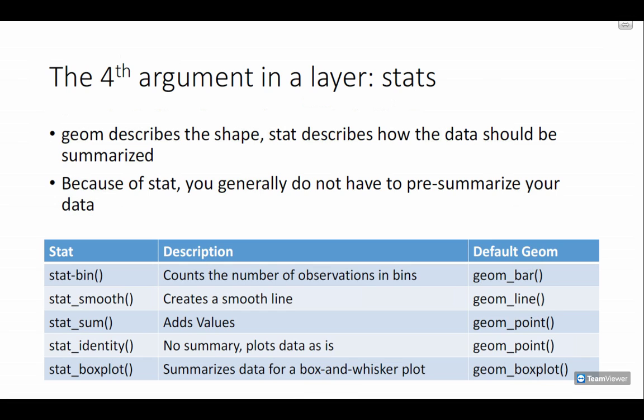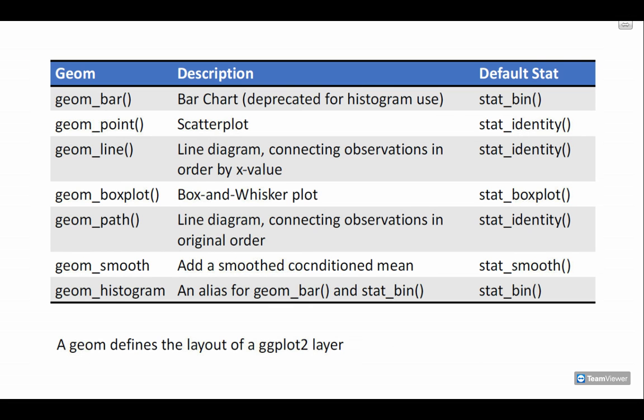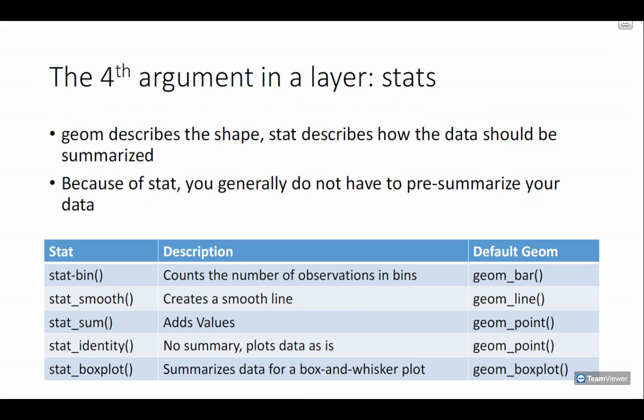So the fourth argument, which is the stats, again, as I told you, there is a default stats part for the type of plotting you use. But if you have to specify the stats, and you don't specify the plot and just give it the stat, it's going to plot the default plotting variable.